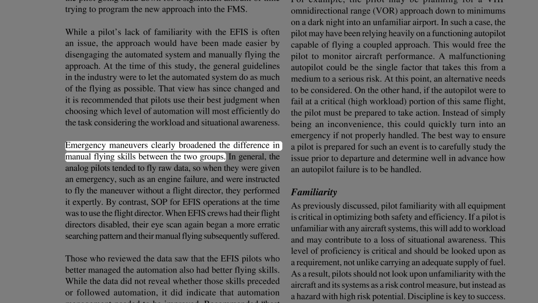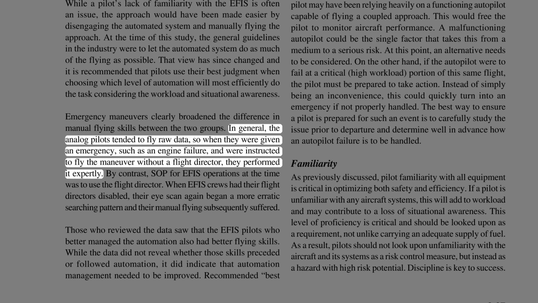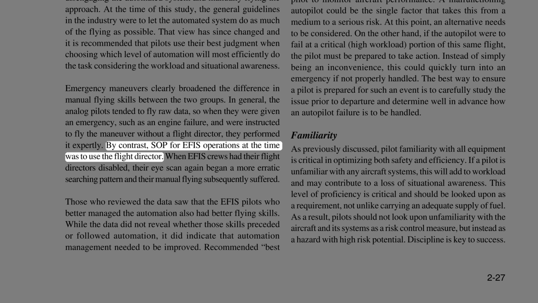Emergency maneuvers clearly broadened the difference in manual flying skills between the two groups. In general, the analog pilots tended to fly raw data, so when they were given an emergency, such as an engine failure, and were instructed to fly the maneuver without a flight director, they performed it expertly. By contrast, SOP for EFIS operations at the time was to use the flight director.